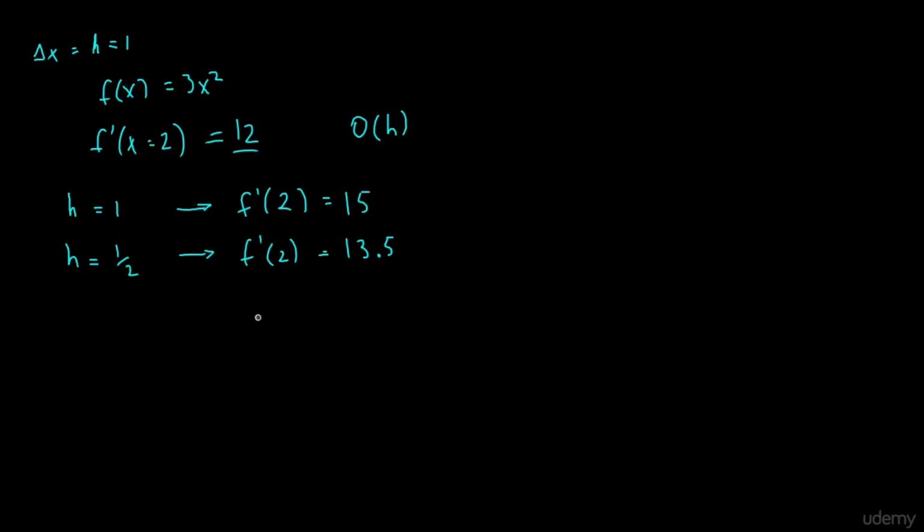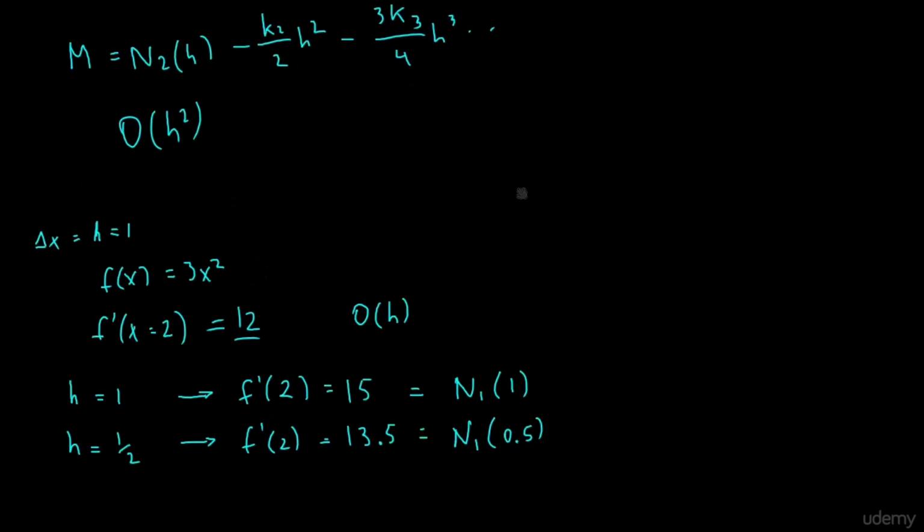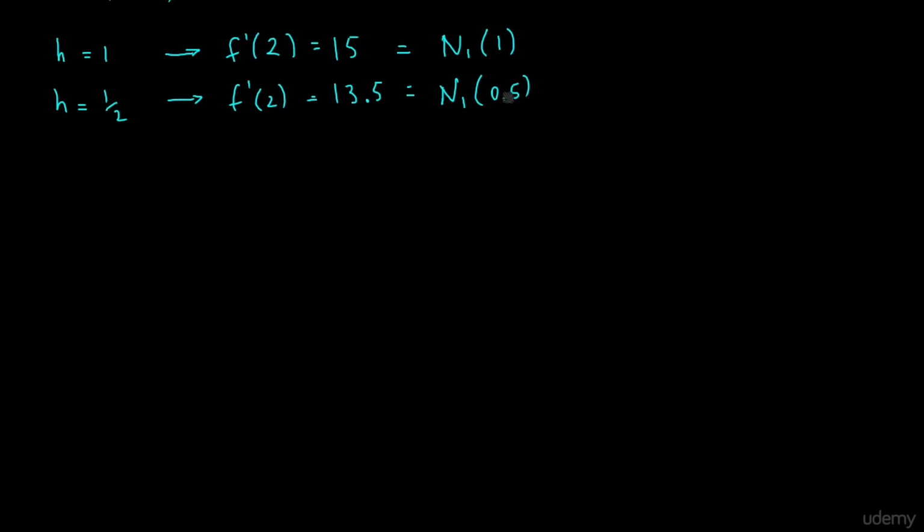This implies that N1 of 1 has the value 15, and N1 of 0.5, a finer approximation, has the value 13.5. We can now use these in our formulas above. So we're going to define N2.